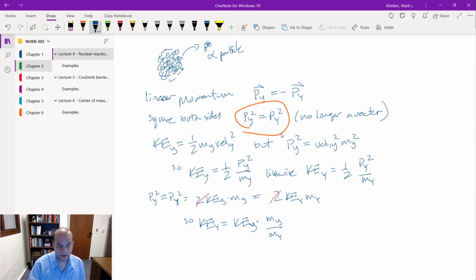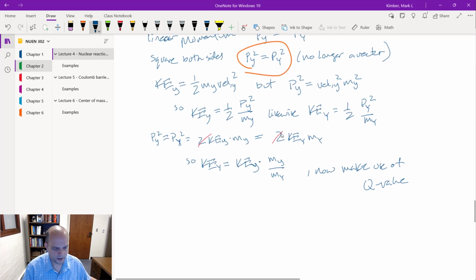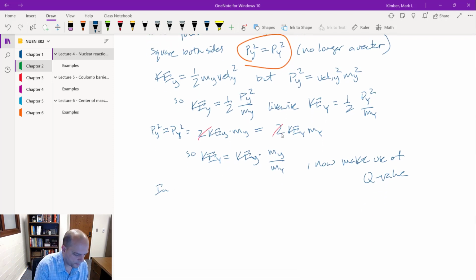And so what we're going to do is make use of the Q value expression. The Q value expression that we're most interested in is one that has the kinetic energies on the right hand side. So in terms of Q, Q is going to be kinetic energy of the products minus the kinetic energy of the reactants.